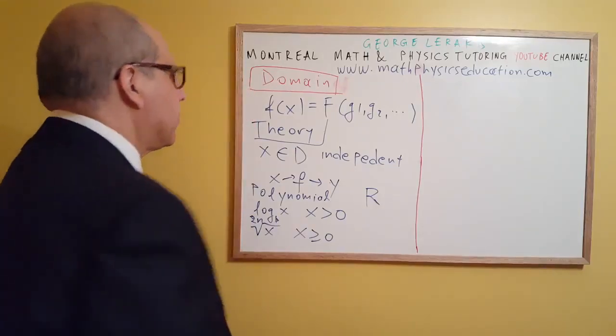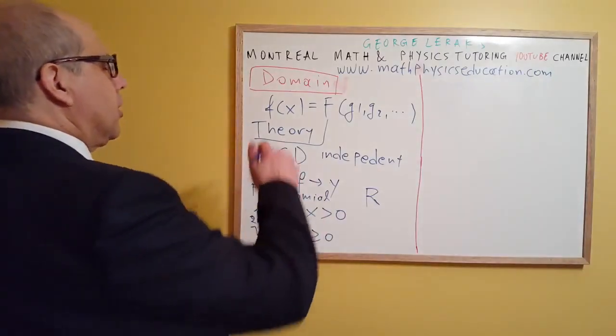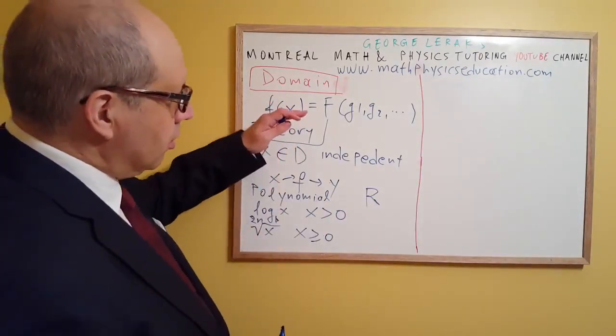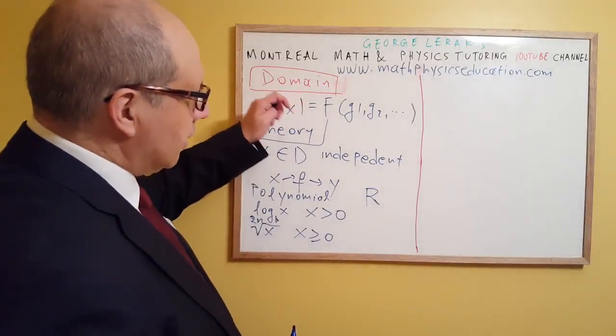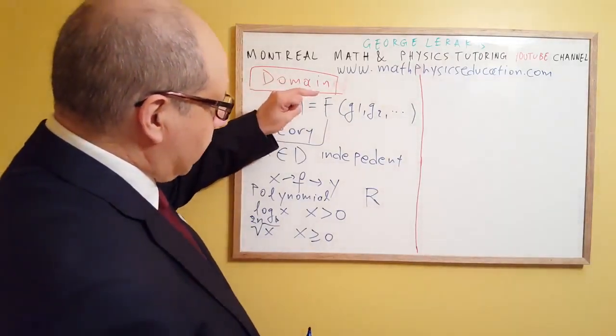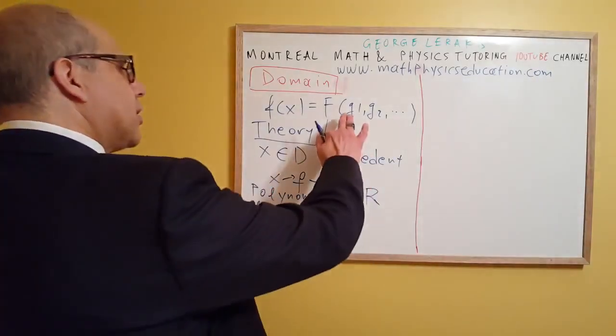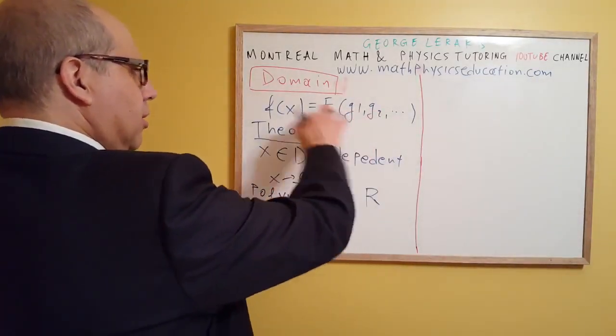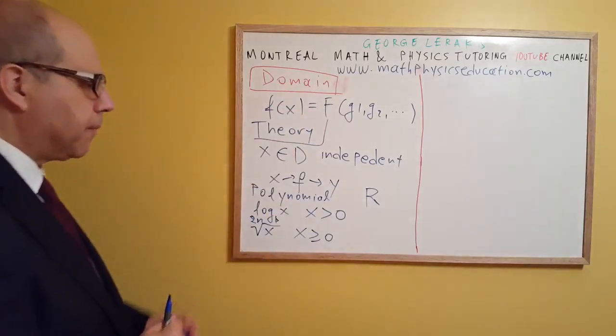Of a function. So first of all, let's say we have the function f of x. This function can be written as a function F of some smaller functions, which will be the parts of this function here.